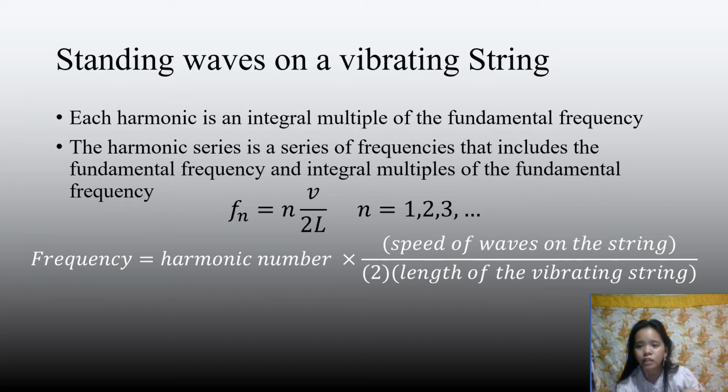So the harmonic series is a series of frequencies that includes the fundamental frequency and the integral multiples of the fundamental frequency. For example, to find Fn, the nth frequency, it becomes n times v over 2L, where n can be 1, 2, 3, and so on.